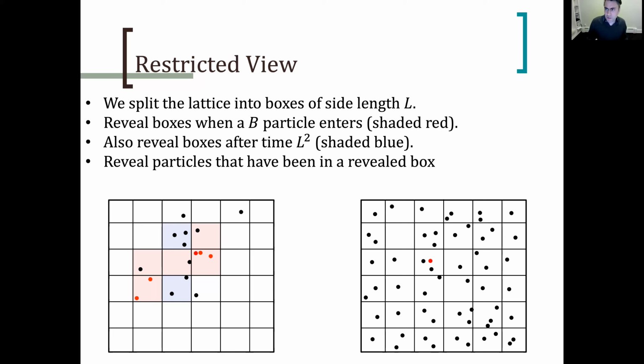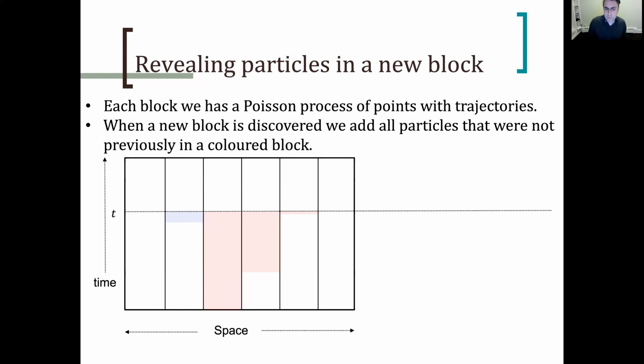So there's something missing in this description, which is that when you color a new box, you need to only reveal particles that haven't been in the colored region before that time. And so we need to take that into account in this construction.